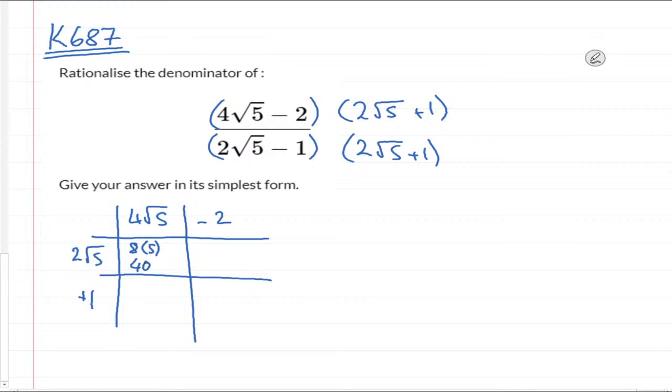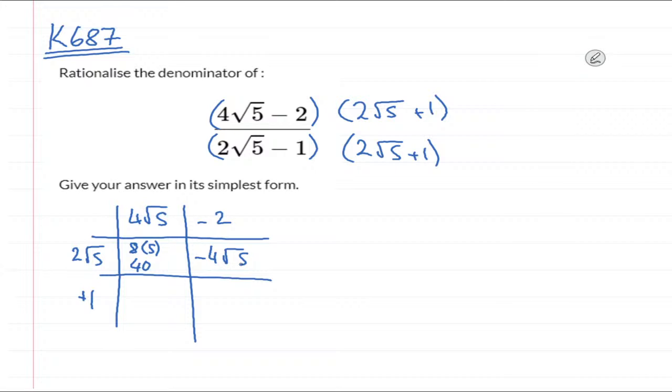Good. What is 2 root 5 times minus 2? Minus 4 root 5, you're right. What is 1 times 4 root 5? That's plus 4 root 5 as well. Is that the top? Shouldn't cancel. It does. Really, really rubbish example, it's very annoying.